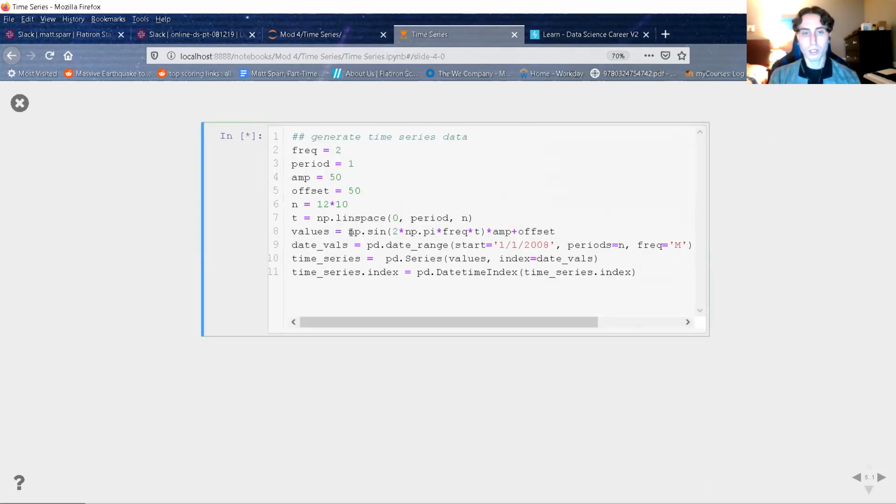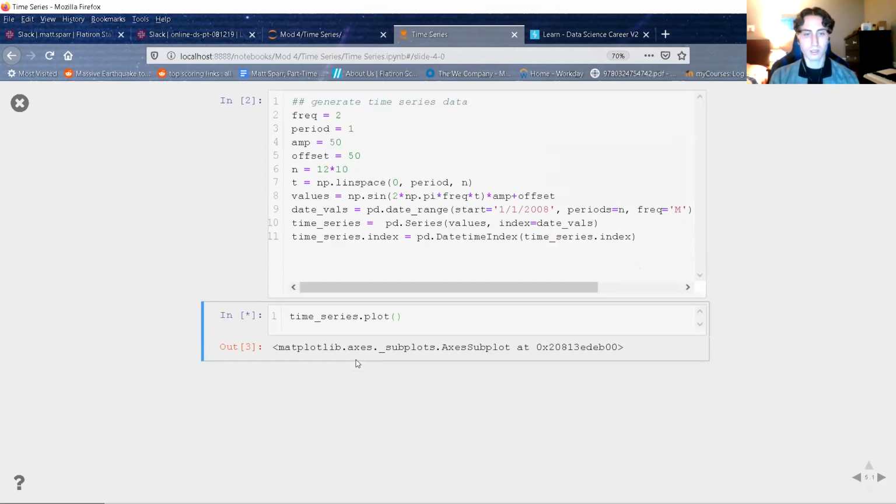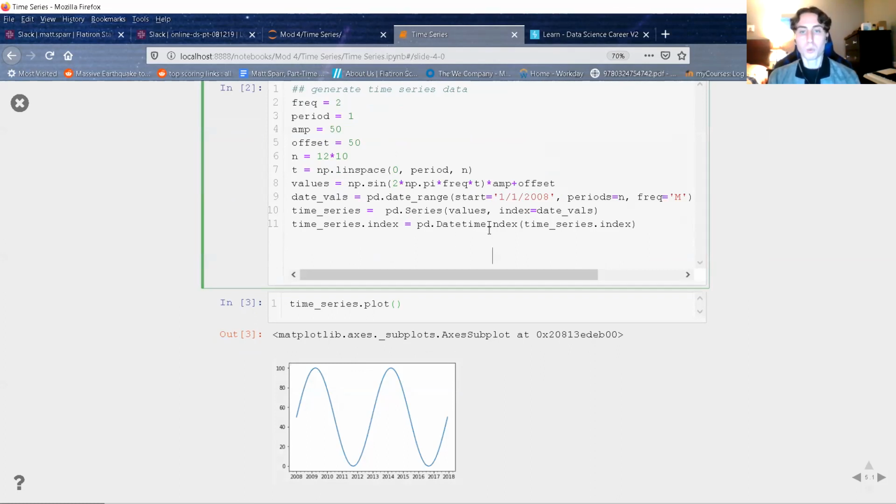So we'll go ahead and make a time series right here and plot it. You'll notice a couple things just in the code first. Most of the time series you're going to work with, you're going to put them in a data frame. To work with time series in pandas, you need to make the index be time.